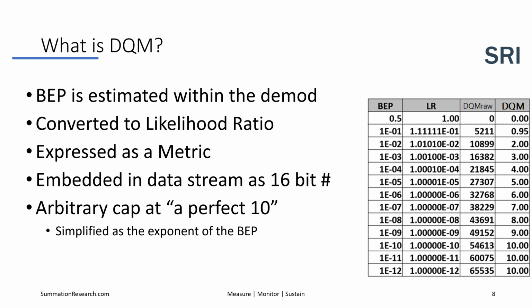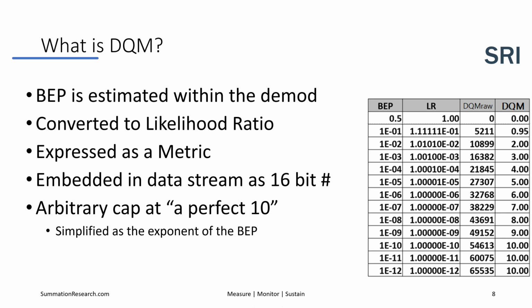If DQM is 7, then the bit error probability is 1e to the minus 7. To ensure clarity, we arbitrarily cap DQM at a maximum value of 10, signifying a perfect data quality scenario.